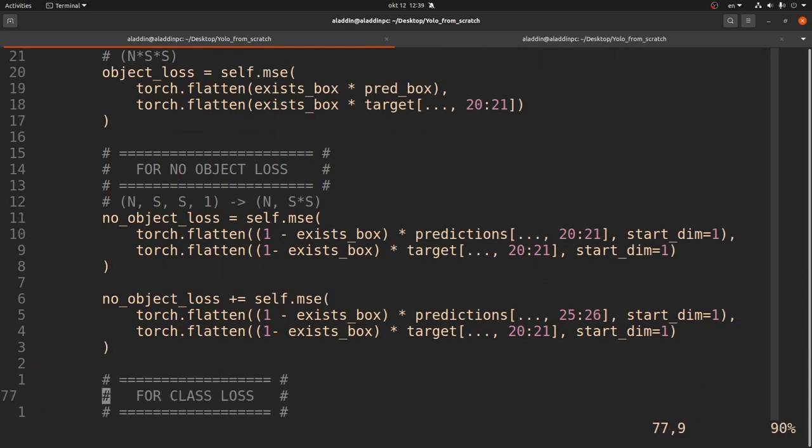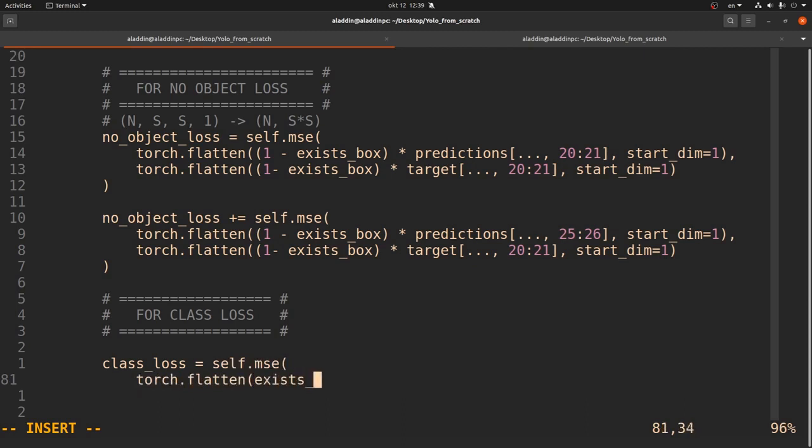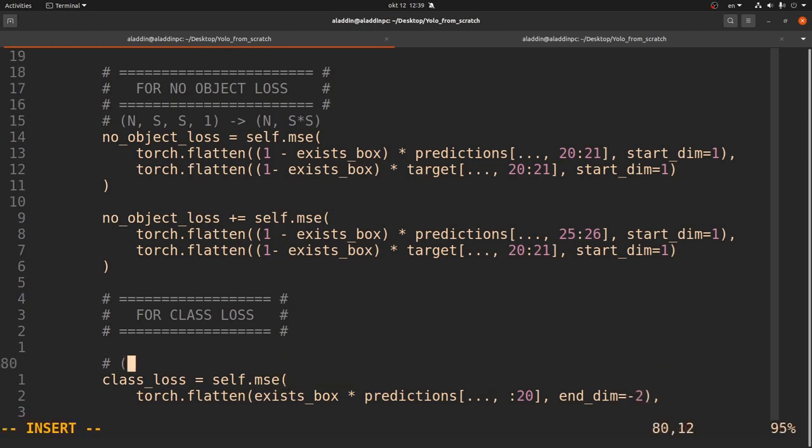All right, so for the class loss, we're just going to do class loss equals self.mean squared error of torch.flatten of exist box times predictions up to 20, right? So we're taking all of the 21st nodes, and the n dimension here is going to be -2. And so what we're doing when we're taking n -2 is that we have n comma s comma s comma 20, and we're making this into n times s comma 20.